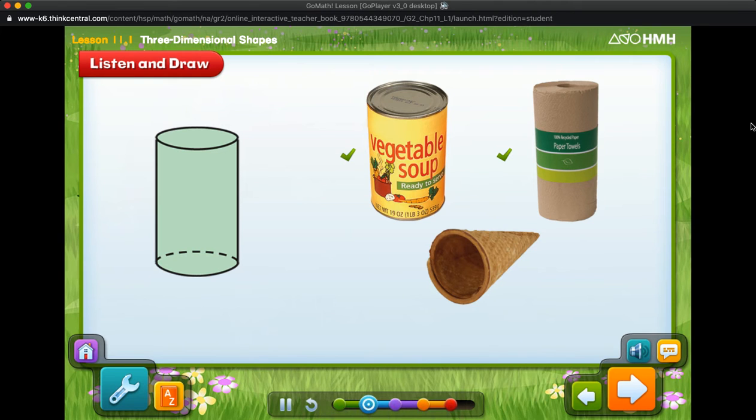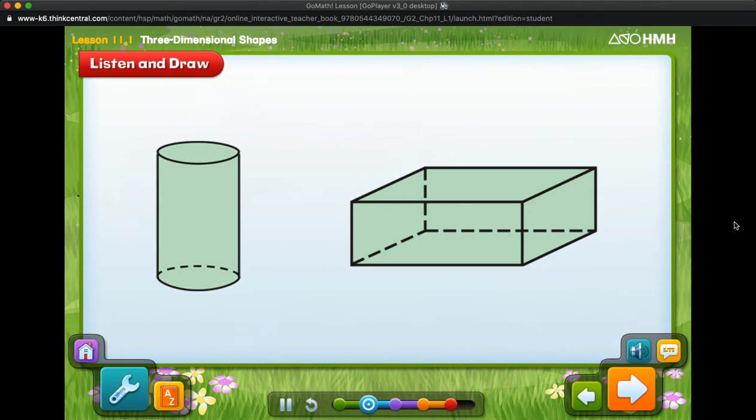Does an ice cream cone have this shape? No, an ice cream cone doesn't have this shape. It has only one flat surface, and it doesn't have a top and bottom that match. How are these shapes alike? The shapes each have a top and a bottom that match. How are the shapes different? In this shape, the top and bottom are rectangles. In this shape, the top and bottom are circles.